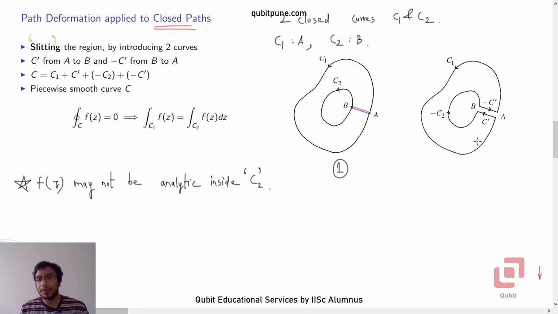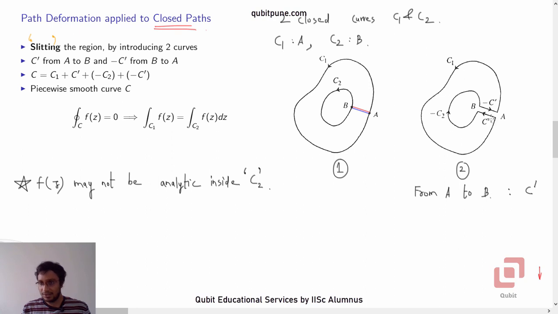So look at the second figure now. In the second figure, what we have done is from A we have drawn a segment to B, and we are calling this particular curve C prime. Note that this is an oriented curve.